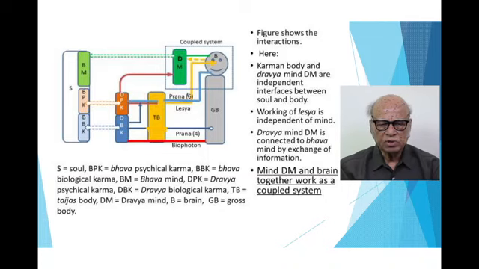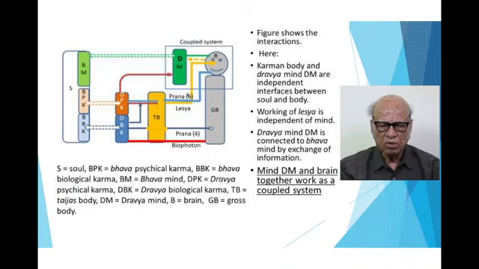Then all other forces originate in the karman body. Starting from the bottom, the red line you see is biophotons. The biophotons have their origin in nam karma, which is a part of dravya karma, biological karma.